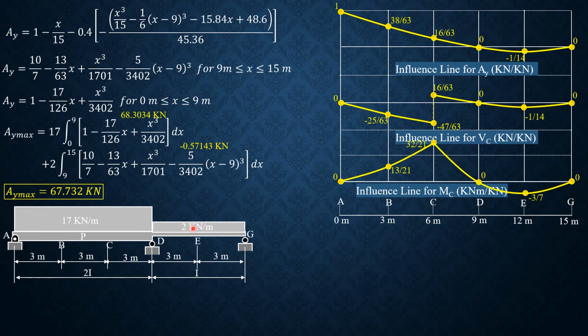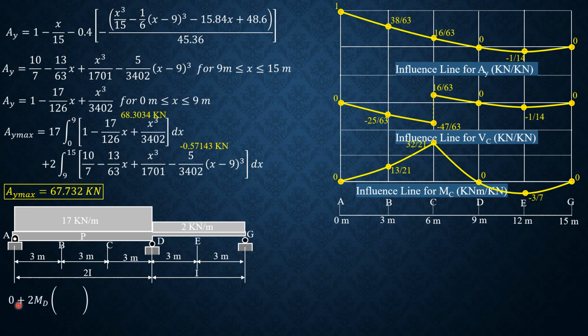the value of 6A1a over L1 is wL cubed over 4, so 9 cubed over 4, then I is 2, so times 2. The value of 6A2b over L2I2 is 6 cubed over 4 times 1, then equals 0 because there are no settlements or support movements.